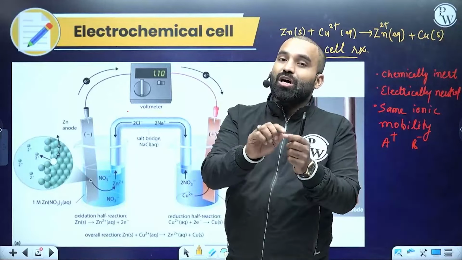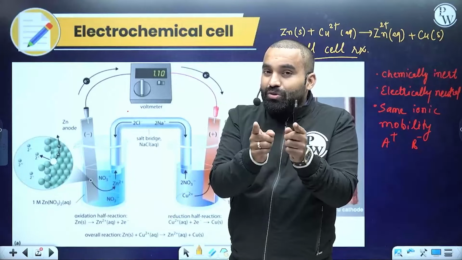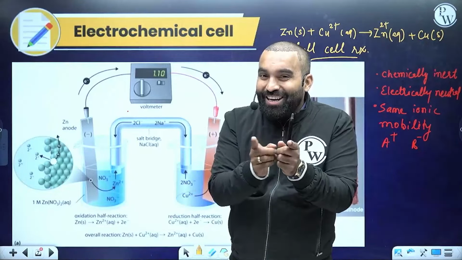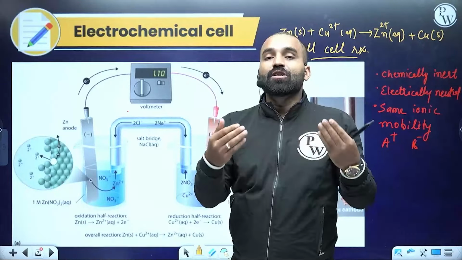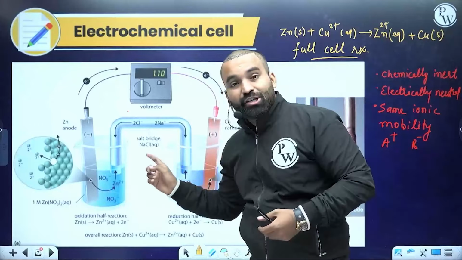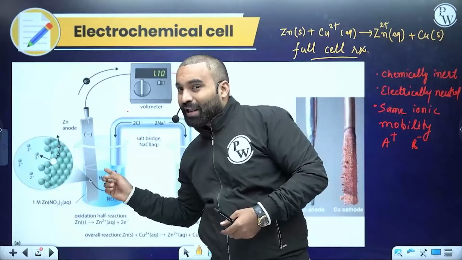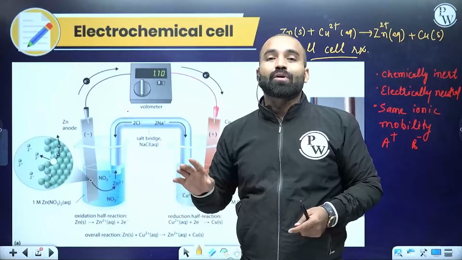I am not saying charge imbalance, charge separation will start developing. If two charges are separated, what happens? A potential difference comes into play. That potential difference on one particular electrode, if it is the anode, is known as anodic potential.